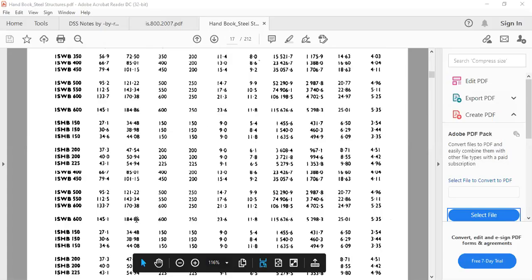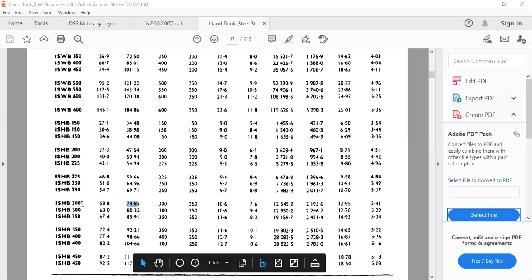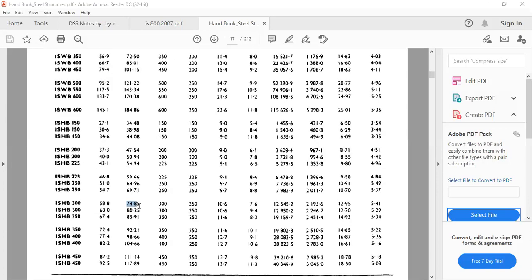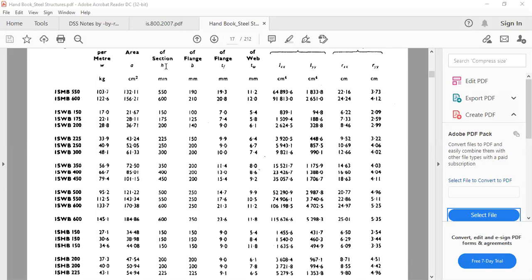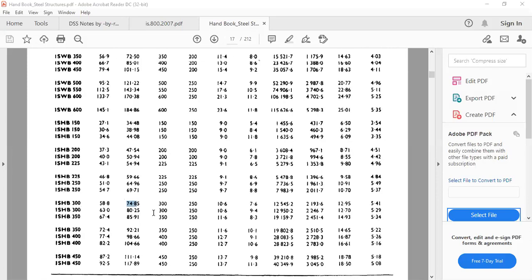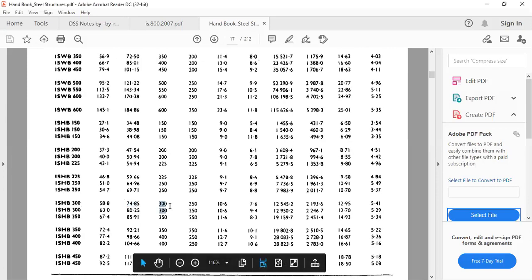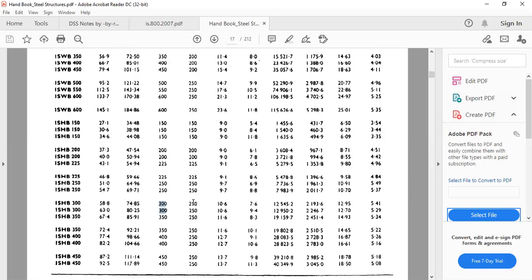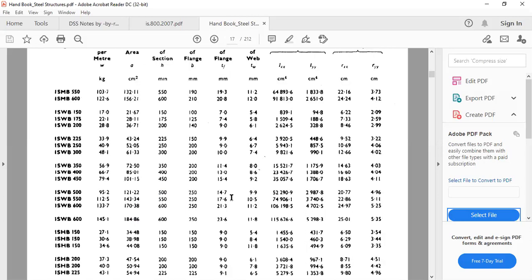We will see the other properties also, so we can note them down. For ISHB 300 at 577, the area is 7485 mm squared, the depth of the section H is 300, the total breadth of the flange B is equal to 250 mm, and the thickness of flange is 10.6 mm.